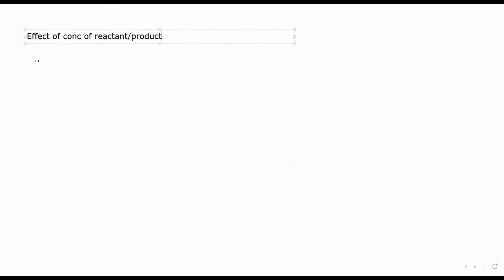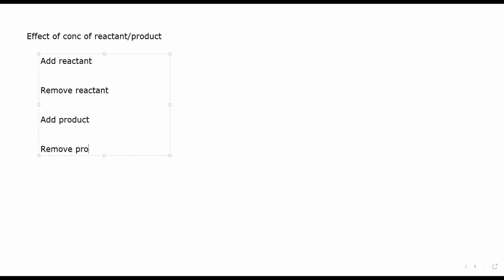So the possibilities are, we can add reactant, we can remove reactant, we can add product, we can remove product. So when I add a reactant, where the equilibrium was shifted? If we add reactant, which direction does the equilibrium shift?